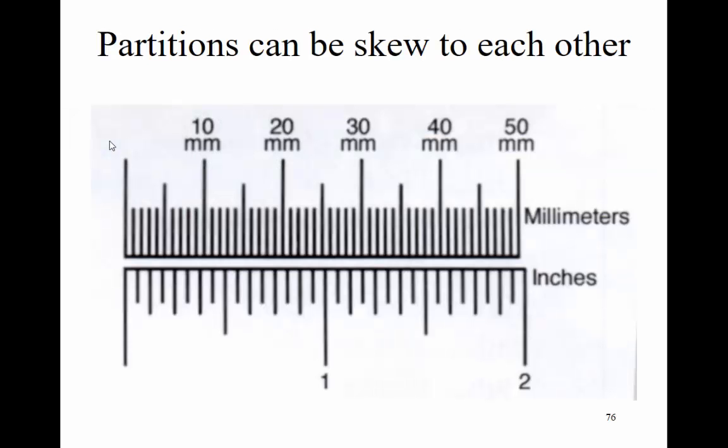So this is an example of a kind of skewness of partitions. The measurement results captured in centimeters, millimeters, can be transformed mathematically into measurement results in inches. But the two partitions themselves are not comparable in the sense that if you partition a certain length in millimeters, you're not going to get any cells which are identical to the cells which you get if you partition in inches or fractions of inches.